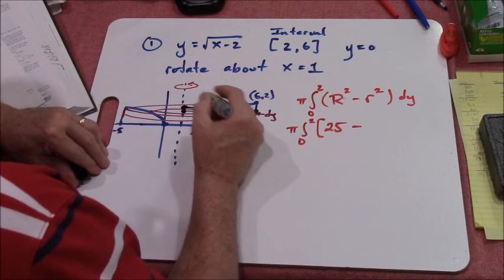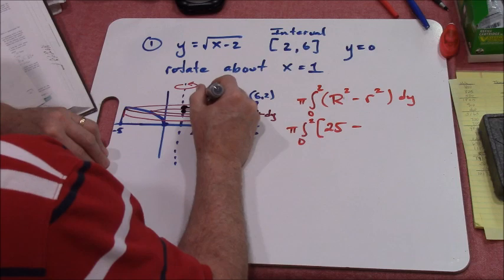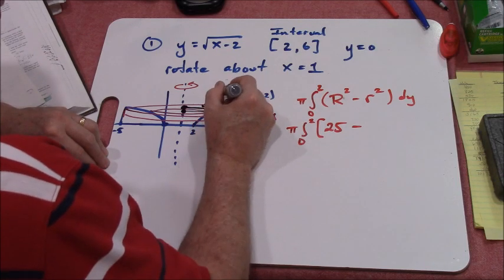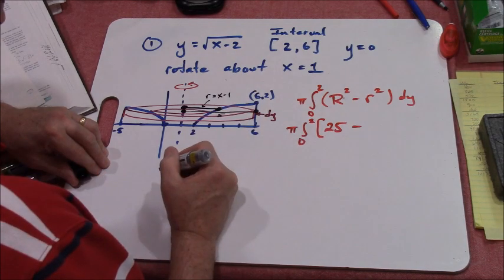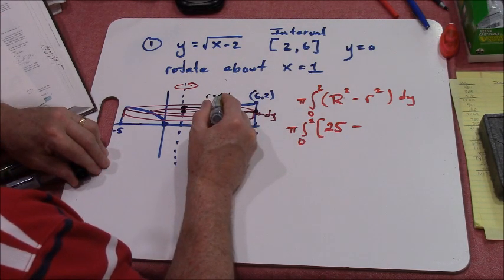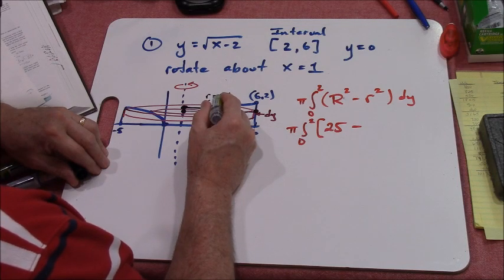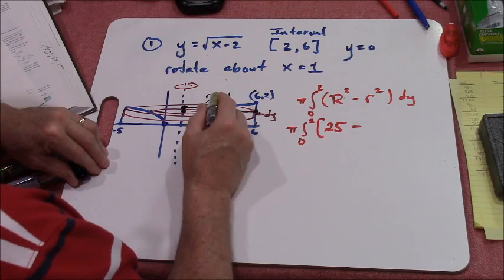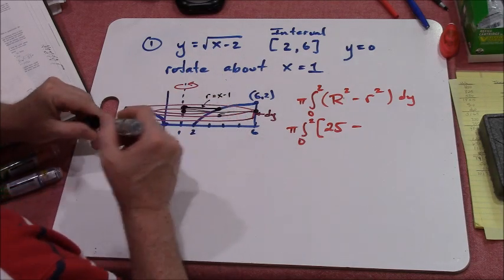And so I have to have a variable in there. So my small radius is going to be x, whatever the x value is, minus 1. But I don't want this in terms of x, right? I want this in terms of y, and so what I need to do is go up here and solve for x and see what I'm going to substitute into this equation.